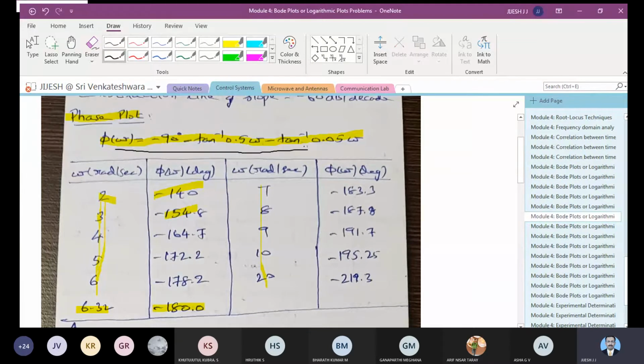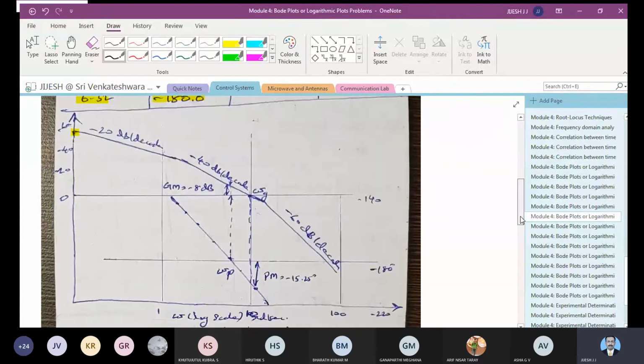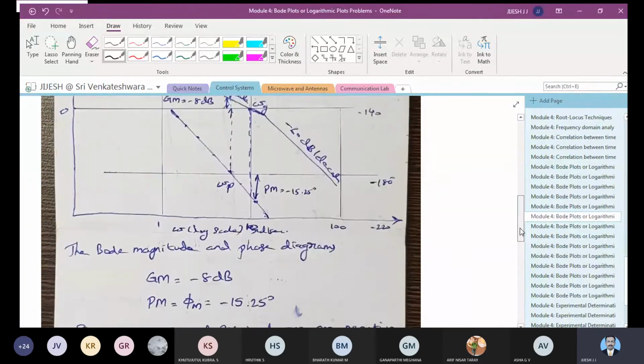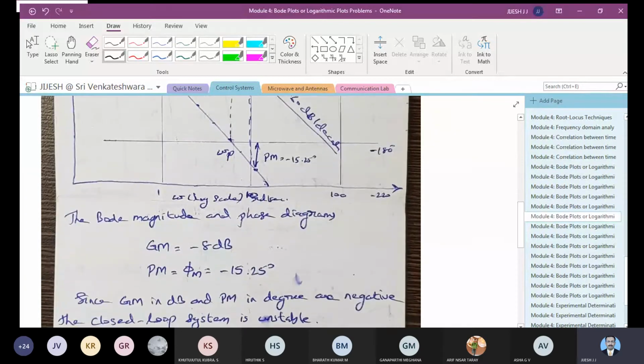You write it from the question: minus 90 minus tan inverse of 0.5 omega minus tan inverse of 0.05 omega. You get this table, and from this table I have already explained how to plot the graph. So this is what you will get. You will get the phase margin as well as the gain margin, and you need to write both.